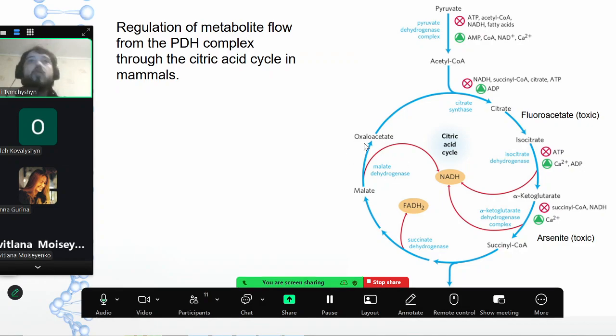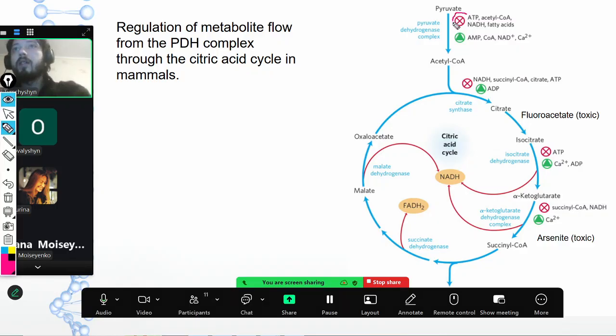Here is one more scheme that shows you regulation of the metabolite flow from the pyruvate dehydrogenase complex through the citric acid cycle in mammals. So here, if you look at these steps, everything that is red is an inhibition, and green is activation.